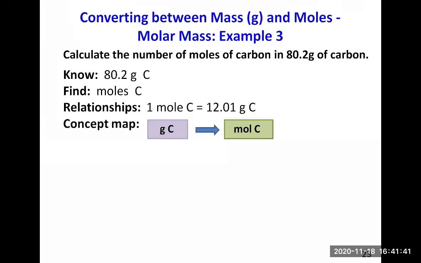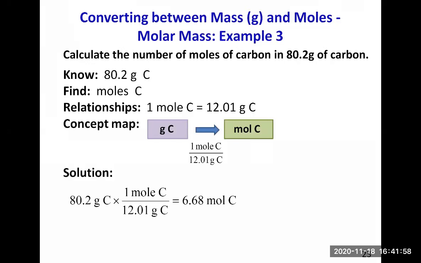So we have grams of carbon, we want moles of carbon. Because we start with grams of carbon, the equality will be written as a conversion factor with the grams on the bottom, because we want to cancel grams, the given unit. So the solution will look like this.